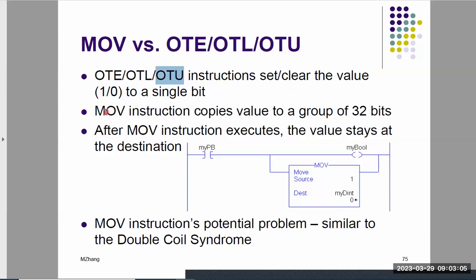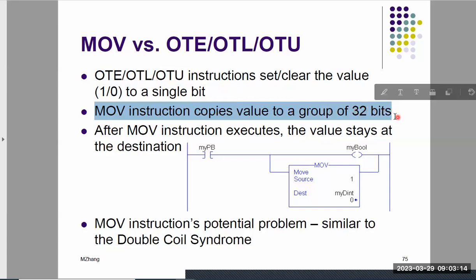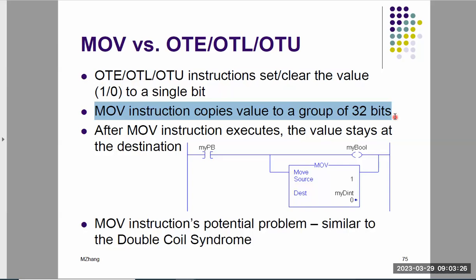So from what we discussed on Monday, we learned that the MOV instruction copies the value to a group of 32 bits, right? So that means it's the double integer tag, and it operates on the target, which we just call the subject, right? Subject or object.